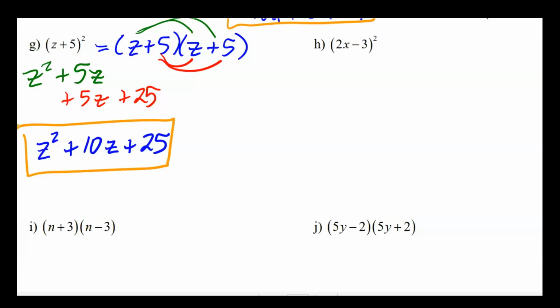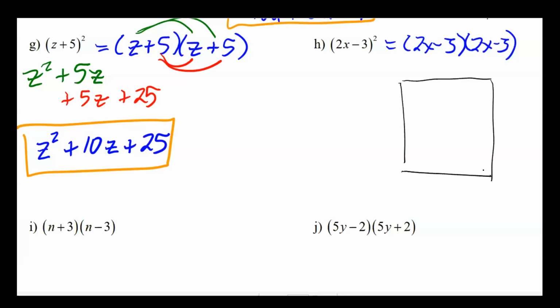Okay, same for the other one. That's 2x minus 3 multiplied by 2x minus 3. So, and once again, if you're doing the box, no matter what it is, you do need to expand that out into your box set.